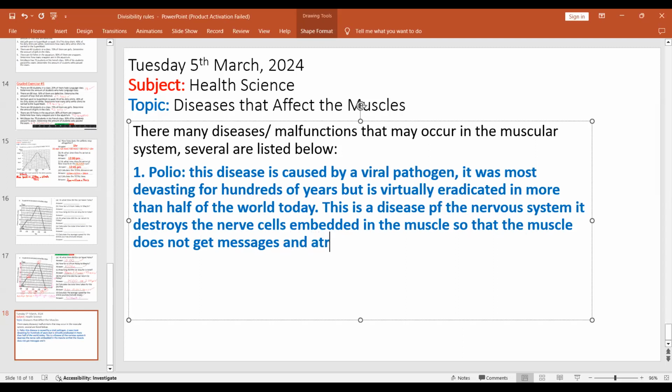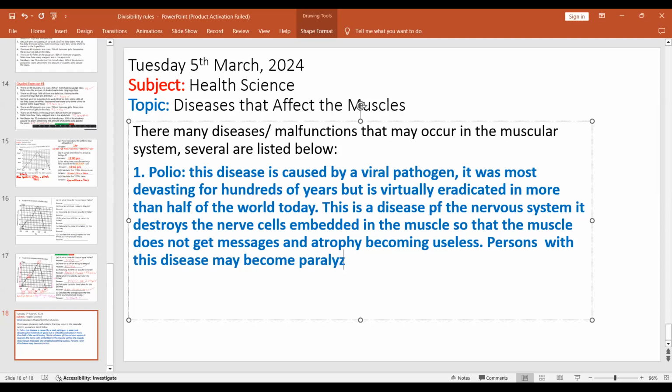When you don't use something it atrophies, it basically becomes useless, right? Becoming useless. Persons with this end up being paralyzed, right? So persons with this disease may become paralyzed, or they may die.